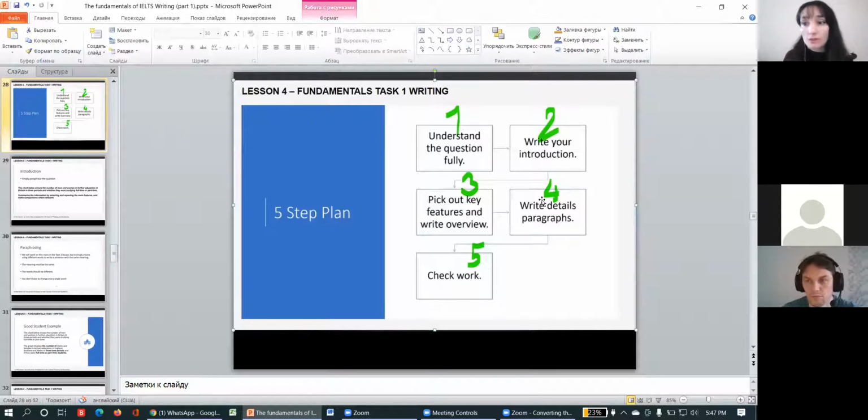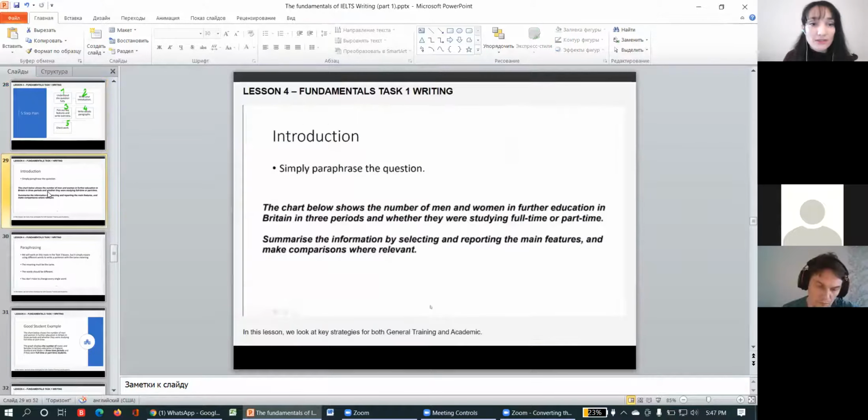It's not asking your point of view, it's just asking you to present whatever you see. The right information that is in front of you. And of course, check your grammar and vocabulary in the end, okay? So this is the 5-step plan.